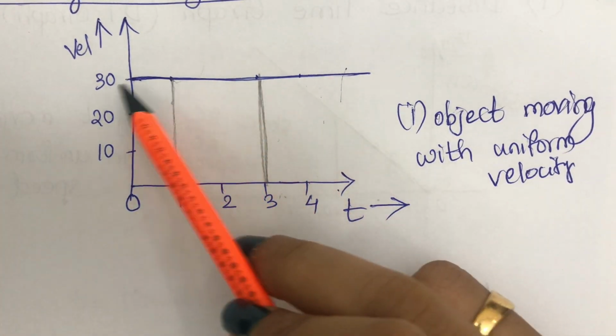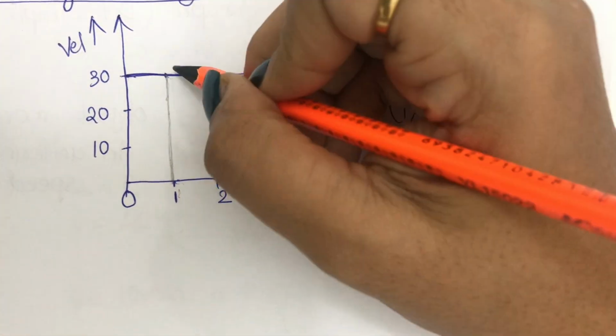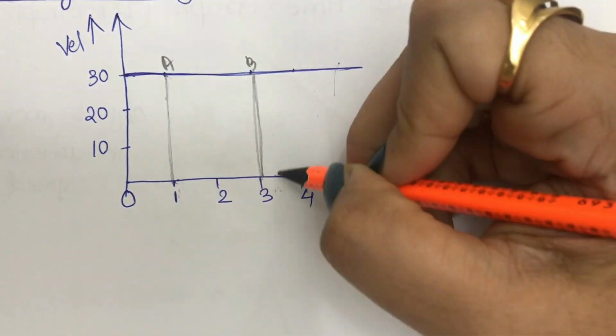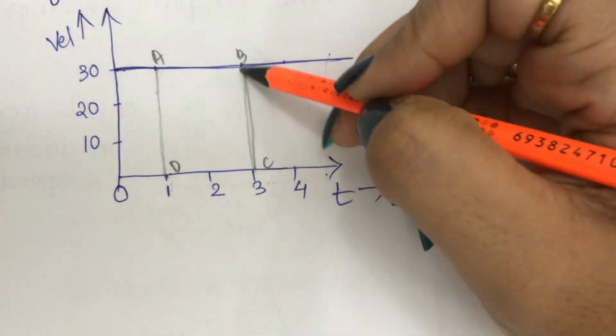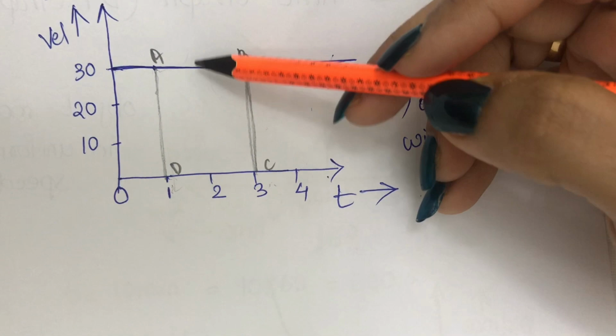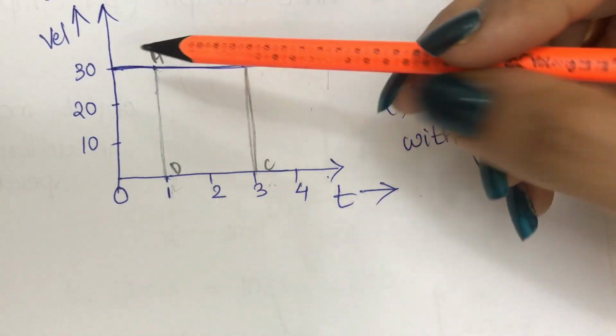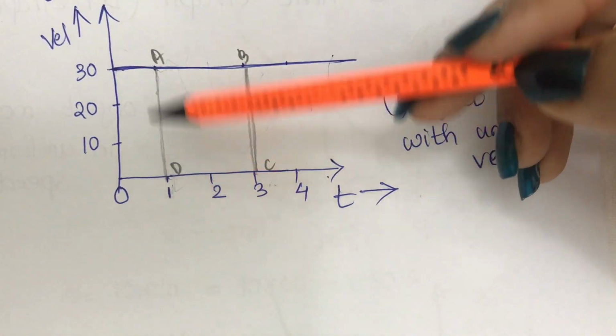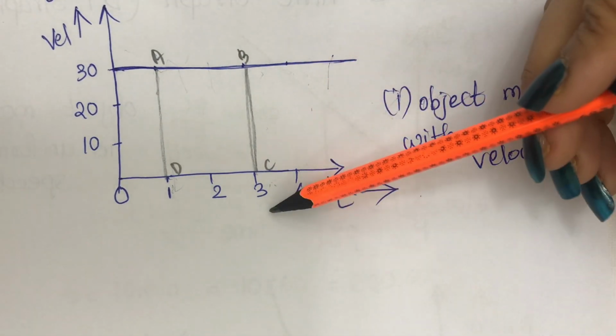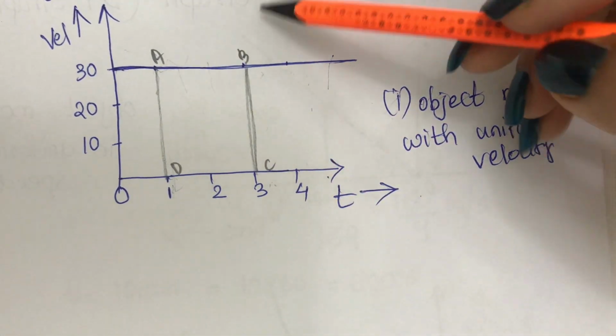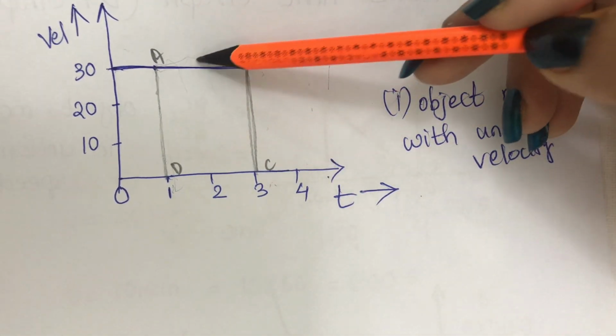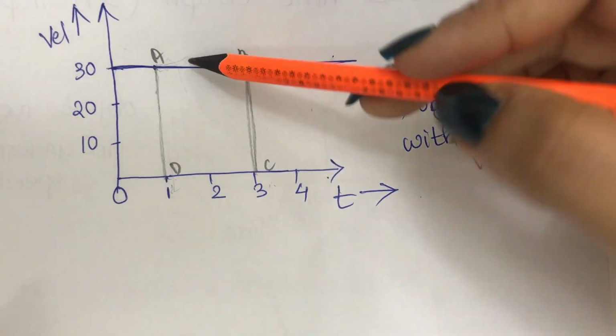We have a rectangle formed here, no? A, B, C, D. We have a rectangle. So the area under the velocity-time graph will give the displacement.